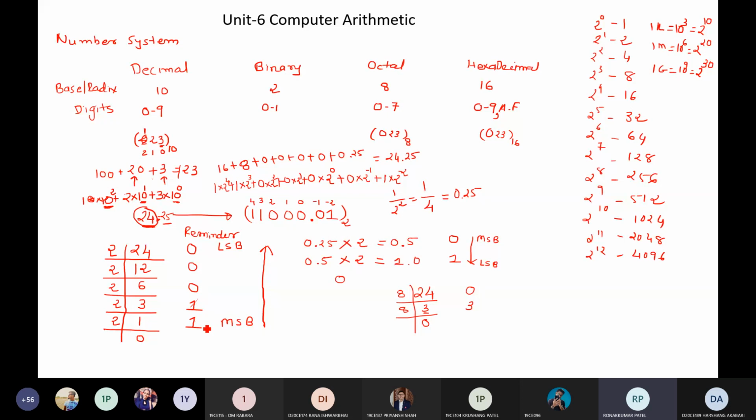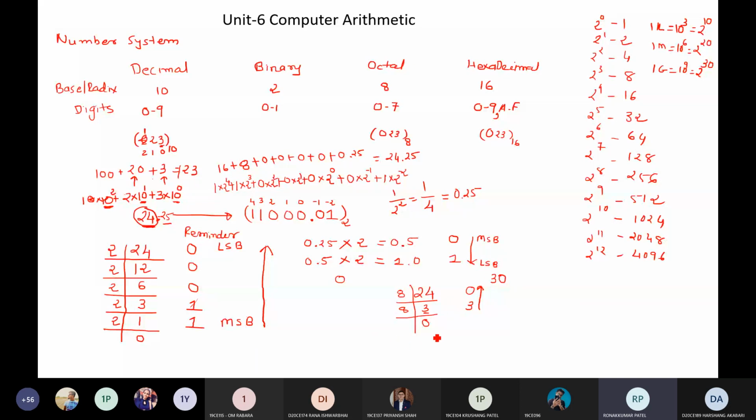So this is most significant bit, this is least significant bit. 24ને ઓક્ટલમાં લખવું હોય તો આ રીતે લખાય, 3 and 0, base 8.